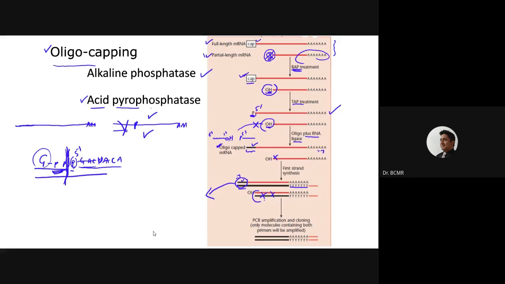Then, upon adding oligo dT, both full-length and truncated ones will get a first cDNA strand. But during the synthesis of the second cDNA strand, we are going to use a primer that is specific to the oligo cap that we added. So the second cDNA strand for this one is synthesized, but for the truncated one, it is not synthesized.